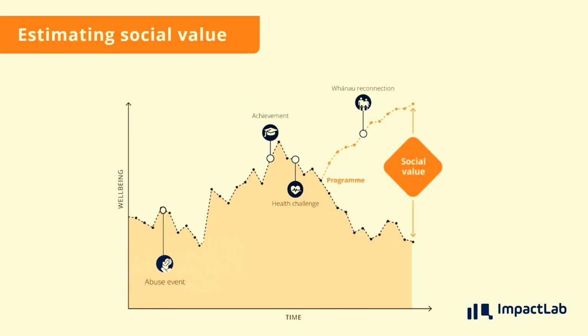So this is a picture that describes the idea of social value. The basic idea is, if you think of this line as the trajectory of somebody's life, or the life of a whānau, and it's got ups and it's got downs, and there's a lot of challenges, but there's also awesome things that happen. And then at some point, these people or this person comes into contact with a program or a service or a housing intervention.